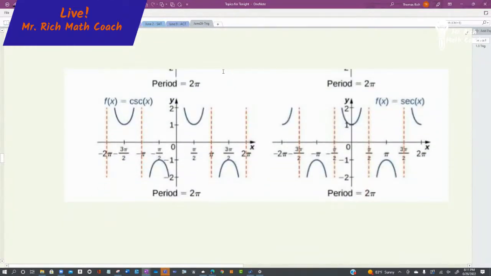I also put in here the graphs for the reciprocals of sine and cosine; cosecant is the reciprocal of sine. And the thing about this is wherever you've got these vertical asymptotes on the secant and cosecant functions, that's where its reciprocal function would be passing through the x-axis.